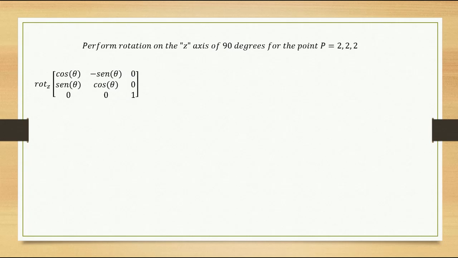First, we need to identify the matrix we will be working with. In this case, it is the matrix of z. Then, we substitute theta for the value of our rotation angle and calculate the values.